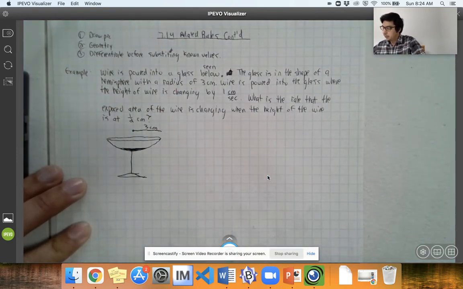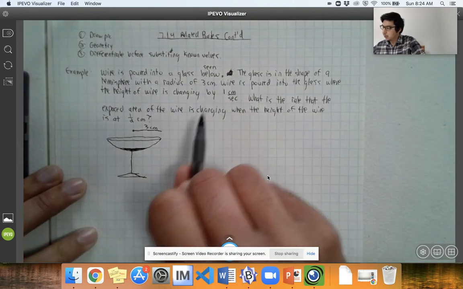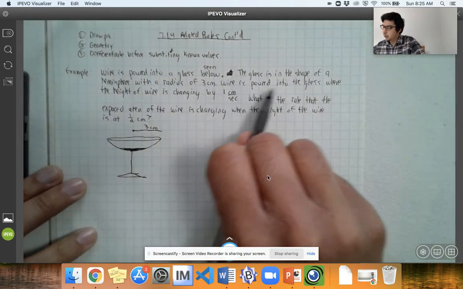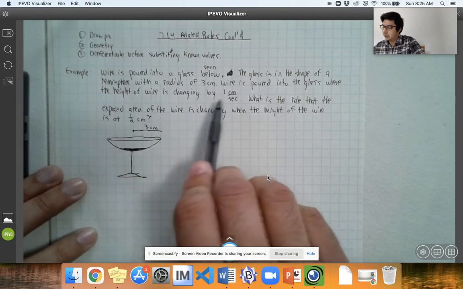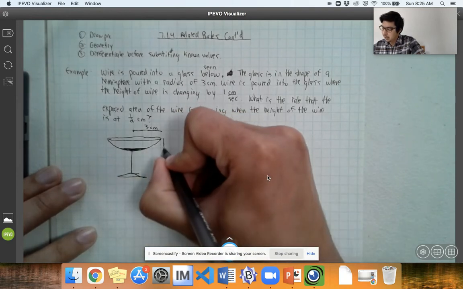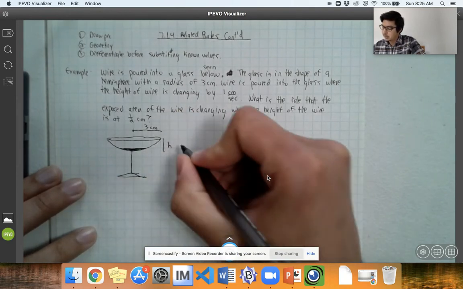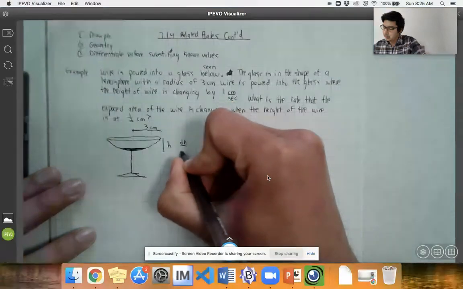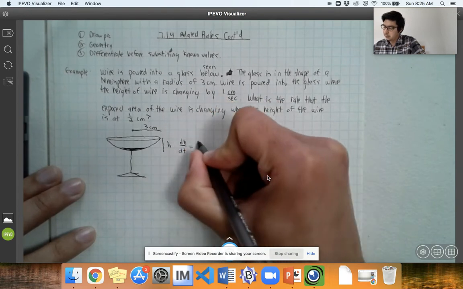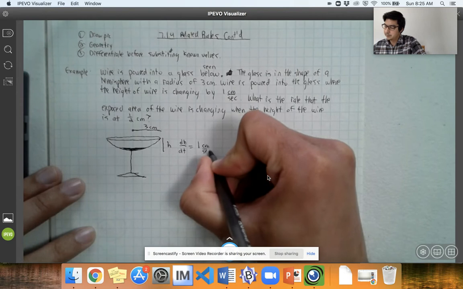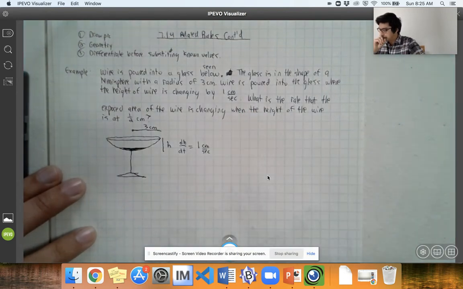And what we also know in this problem is the wine is being poured into the glass where the height of the wine is changing. So if I call this h, representing the height of the wine, we know that dh/dt is equal to 1 centimeter per second. Okay.